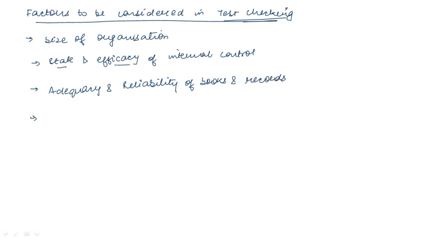How much adequate and how much reliable the books and records are, right? After that, tolerable error range. If you are finding that 90% of the transactions are in error, then what is going to happen? That is not tolerable, right?